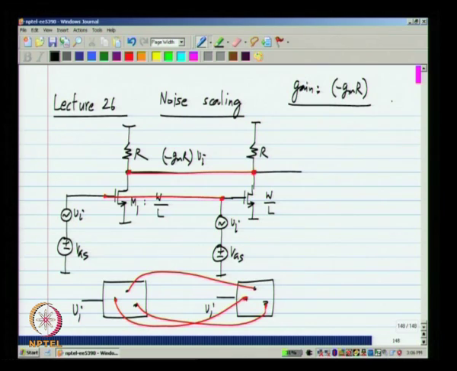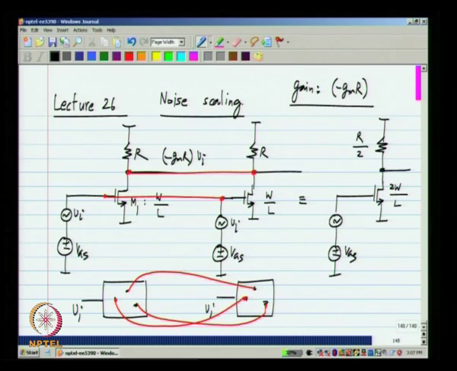What does change though? We can see that this is equivalent to having a transistor of width 2W and a length L and a resistance R by 2.